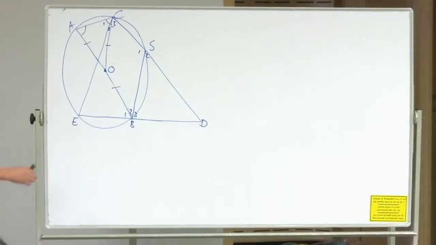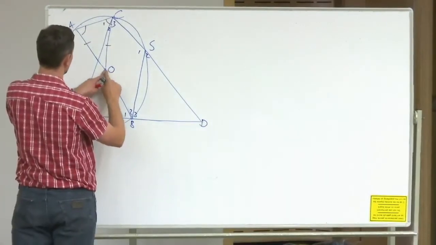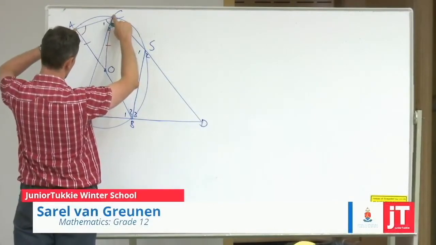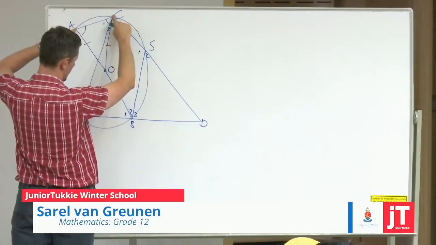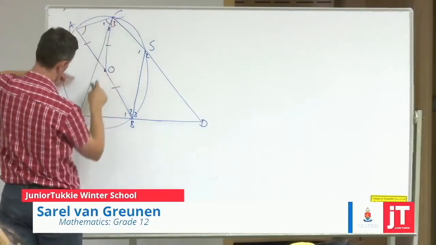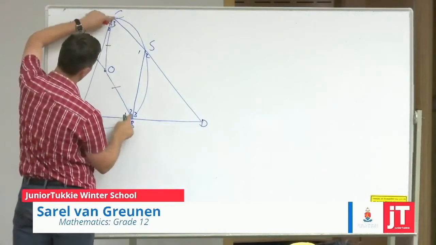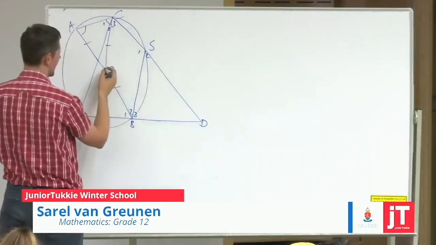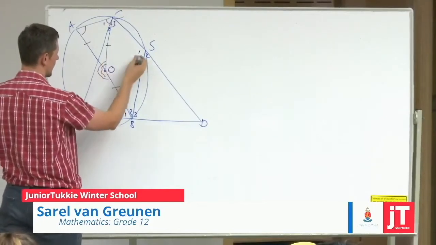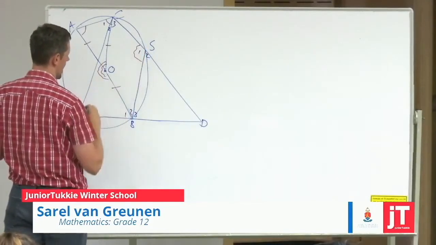Secondly, I look at the angle at the center twice angle at circumference. Now, I don't have that because nowhere is it connected. Maybe there and there, but that kind of gives me this whole large one being twice that one.